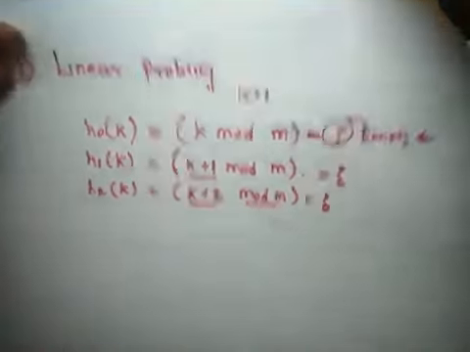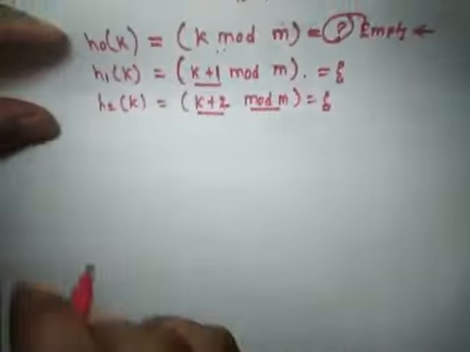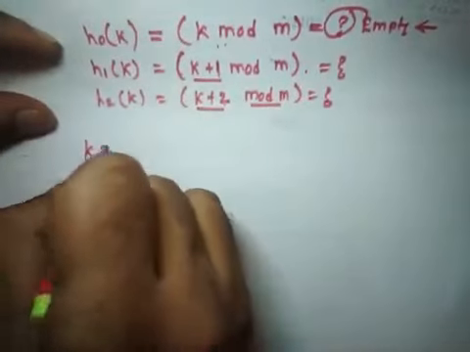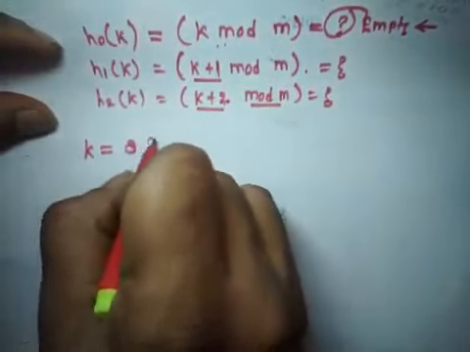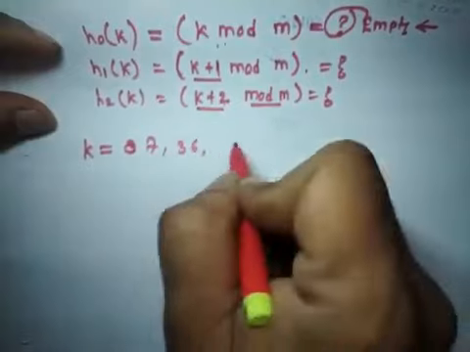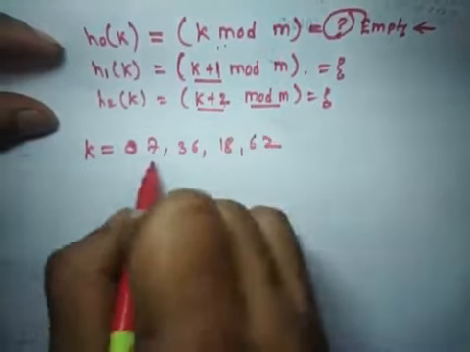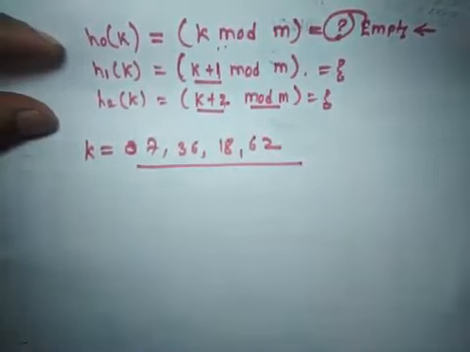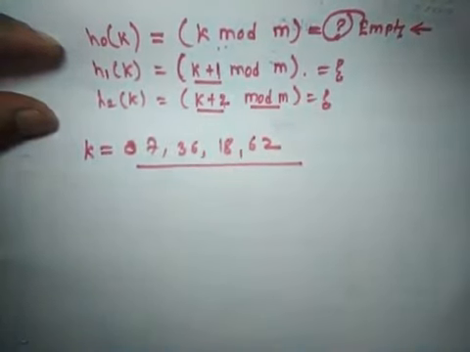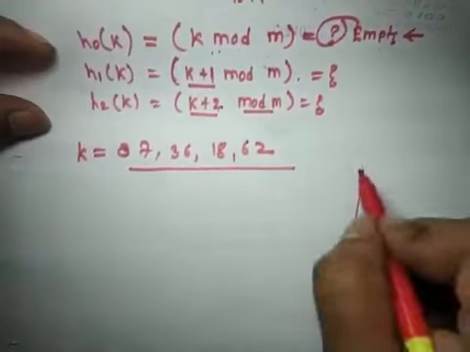So let's take an example. Suppose we have keys k equal to 7, 36, 18 and 62. These four key values we want to store in a hash table.